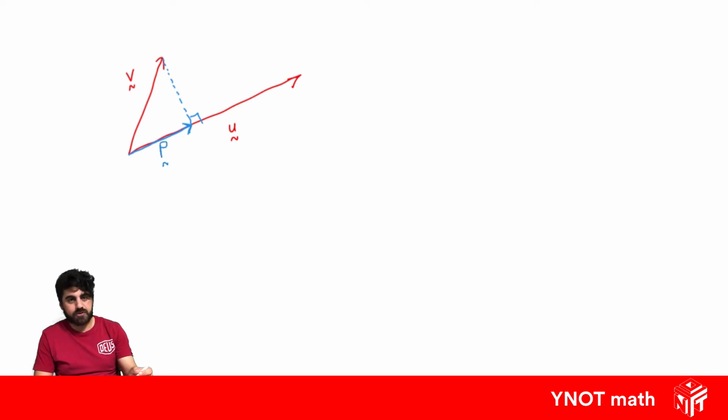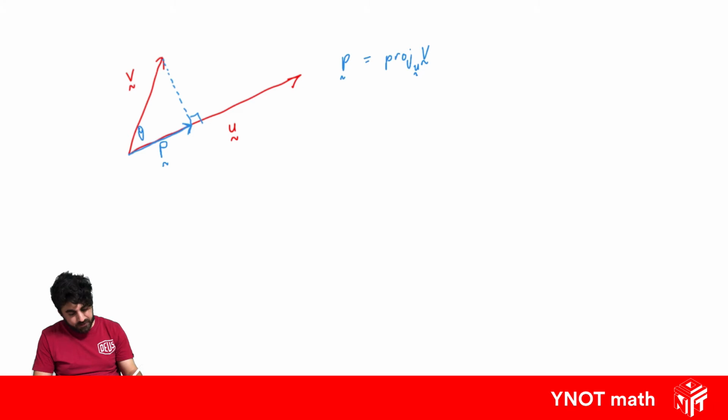We want to be able to find an expression for p, a vector p which projects v onto u. Another way to write p is the projection of v onto u. So projecting v onto u.